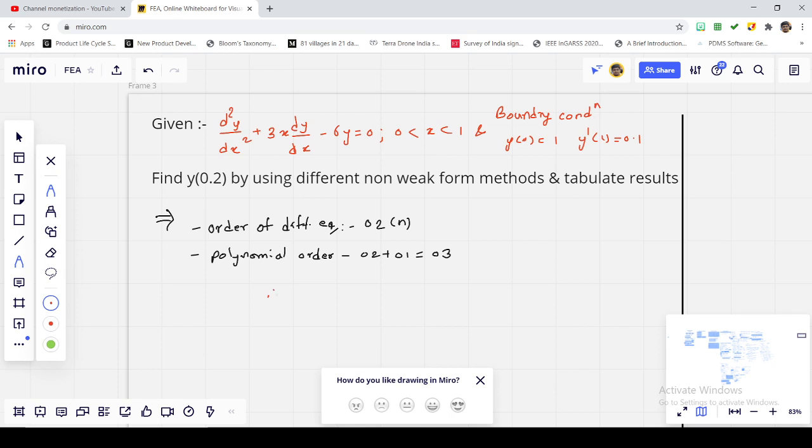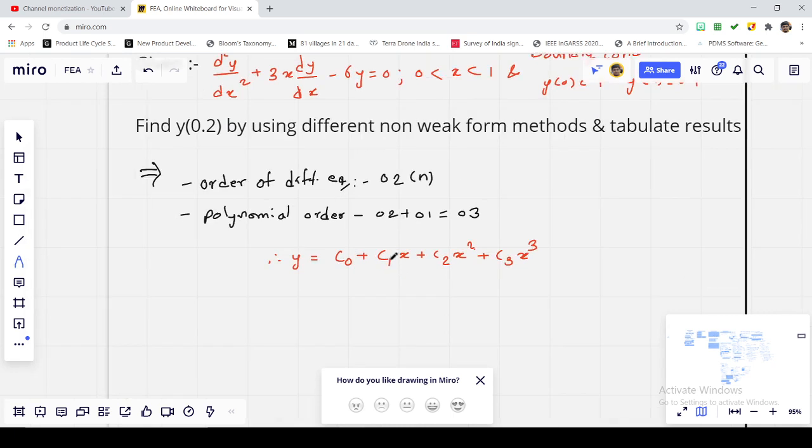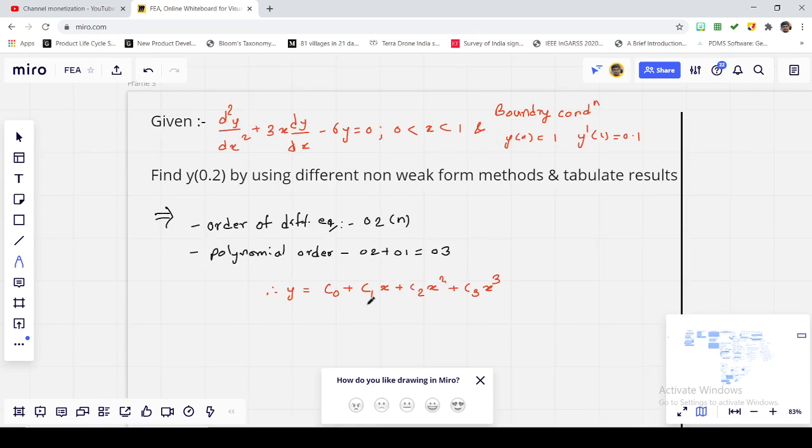So we will assume y is equal to c0 x raised to 0 plus c1 x plus c2 x square plus c3 x cube. Here c0, c1, c2, c3 are constants which we will determine while solving the differential equation.